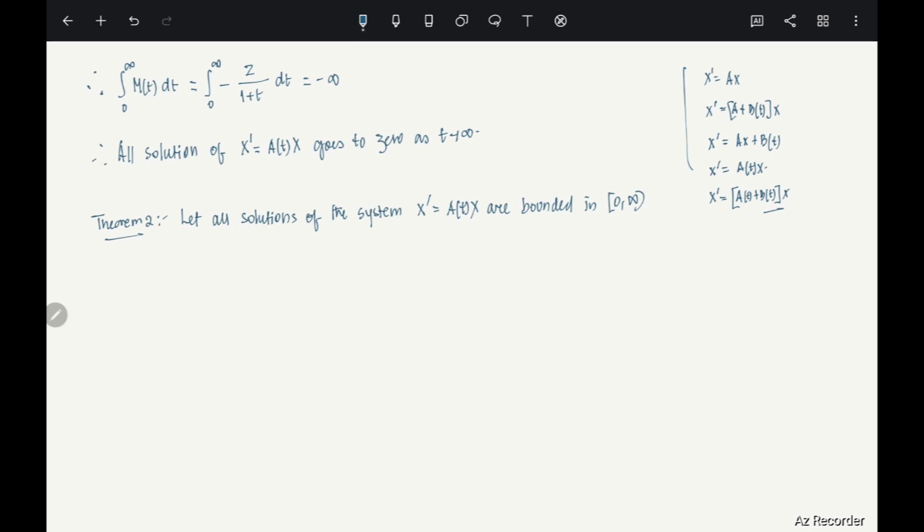Now, let this be the condition which I am assuming: the integral to infinity of the norm of B(t) dt is finite. This is what we are assuming.